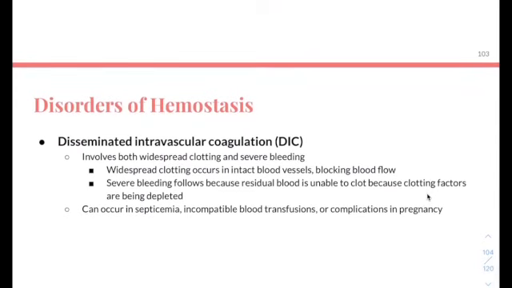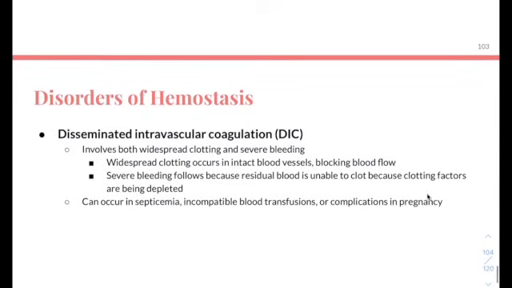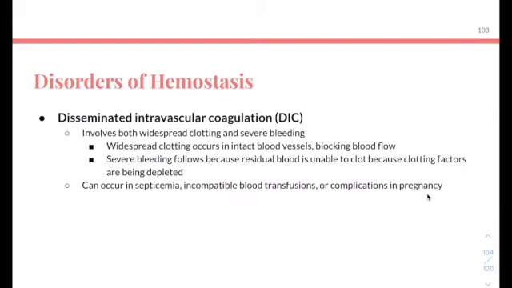There's disseminated intravascular coagulation. That involves both clotting and severe bleeding. So they have both ends of the spectrum kind of going at the same time. They have widespread clotting that occurs in intact blood vessels, so that blocks the flow to certain blood vessels.